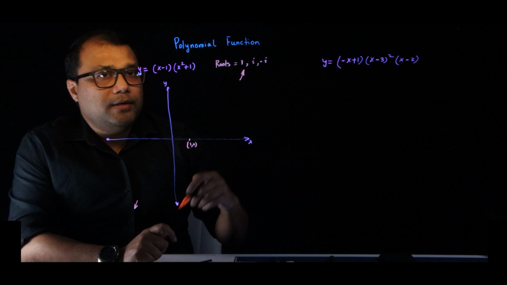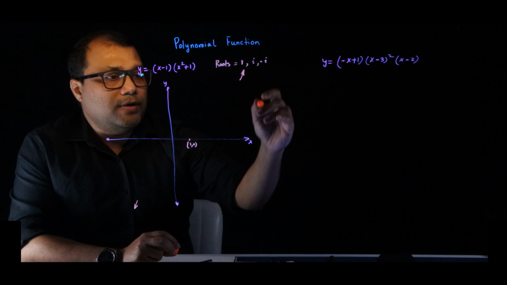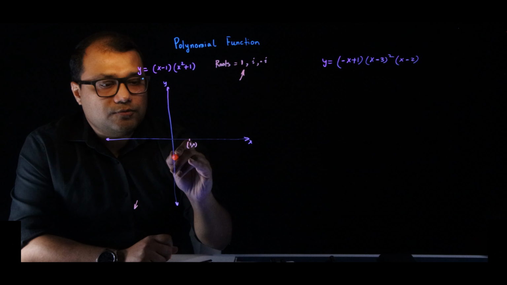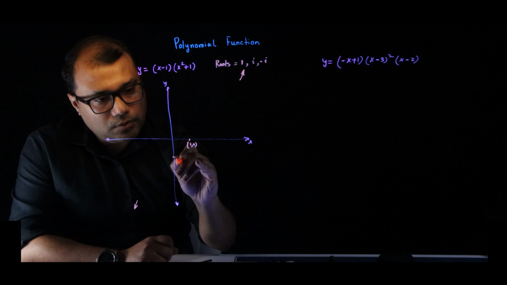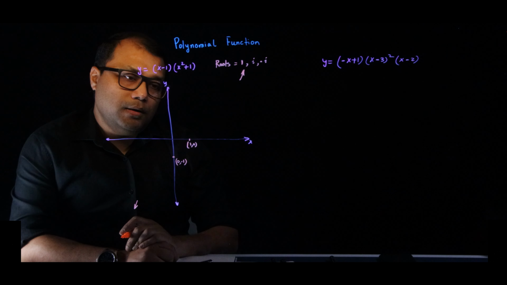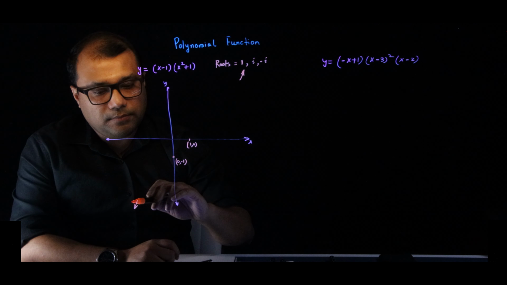Let's also evaluate when x is equal to 0, what's the value of y? So when x is equal to 0, y value is minus 1. So this will pass through 0 comma minus 1. Now it's a smooth continuous function.